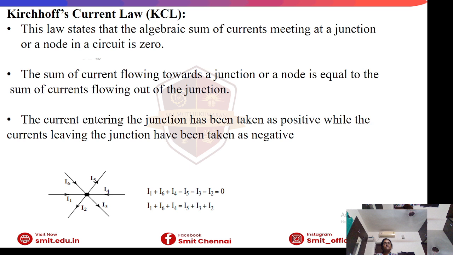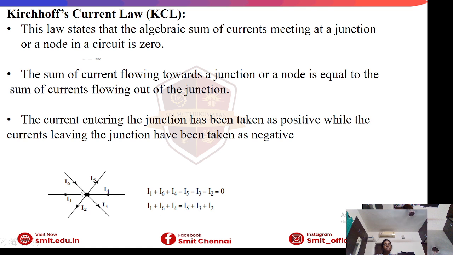This law states that the algebraic sum of current meeting at a junction or a node in a circuit is 0. Or this can also be said as the sum of current flowing towards a junction or a node is equal to the sum of current flowing outside of the junction. The current entering the junction is taken as positive, while current leaving the junction is taken as negative.